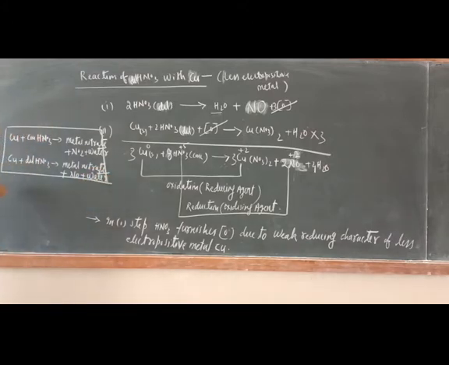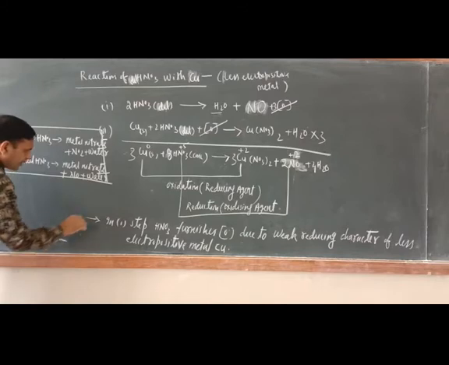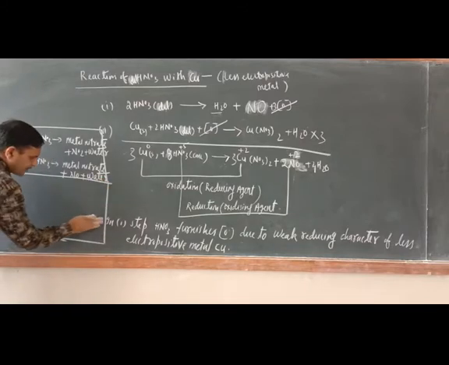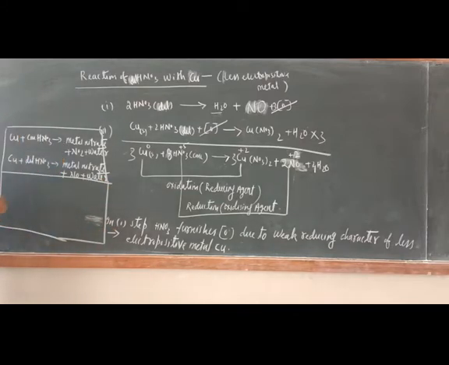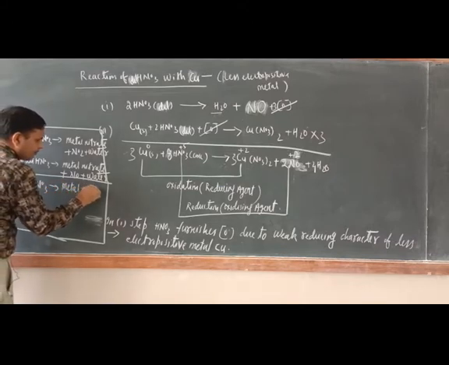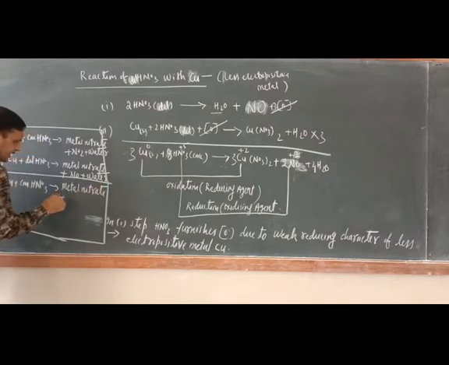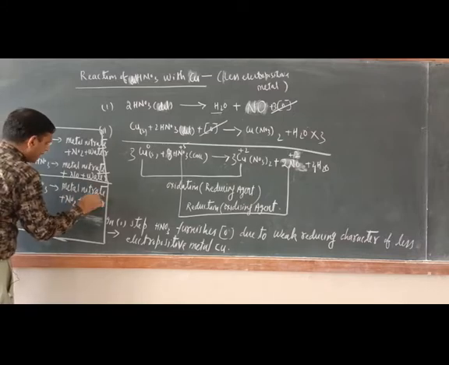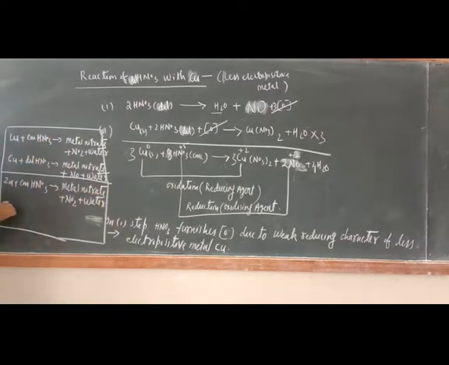Now similarly I am writing the entire conclusion. I am writing with the zinc also. Zinc plus concentrate HNO3. What was the product? Zinc nitrate, that is metal nitrate, plus NO2 plus water. Now zinc plus dilute HNO3.